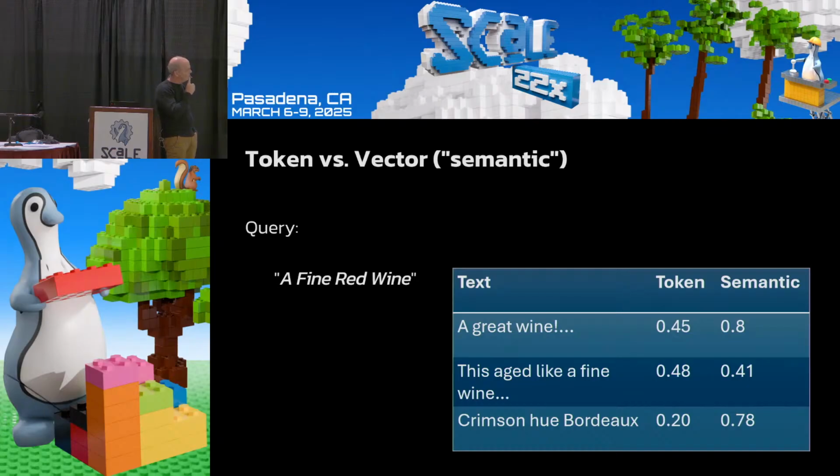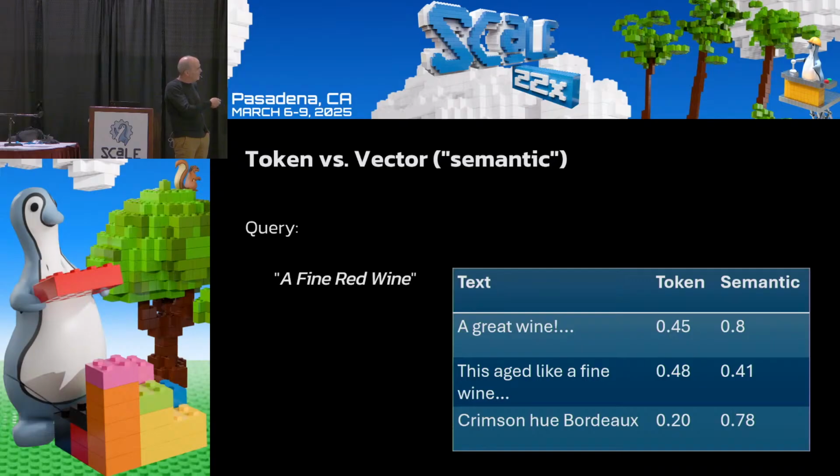Here's an example. My query is a fine red wine. And let's say the documents are the text in the text column. If somebody said a great wine, I can see that, oh, the word wine here and here, yay. So if I did a traditional token search, then there's a match, right? This is symbolic, don't try to replicate it at home, but it illustrates that this mentioned wine, so okay, great.